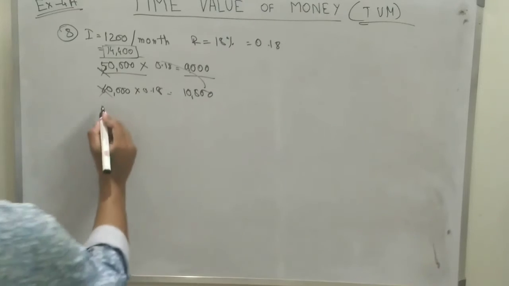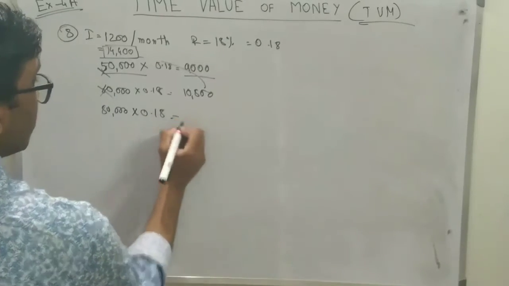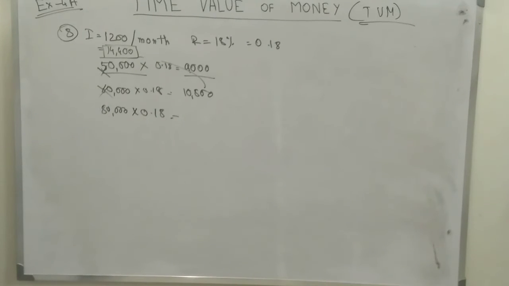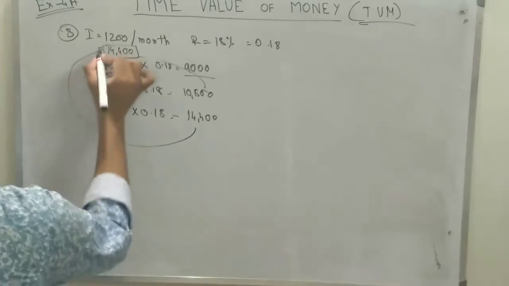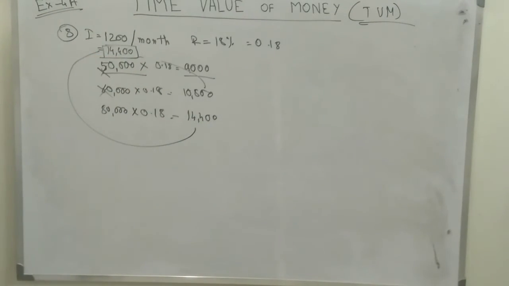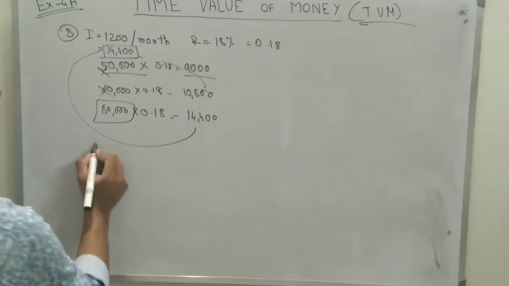If we take 80,000, that means 80,000 into 0.18, which is 14,400. It's totally matching with the question given. That means 80,000 will be the correct option, which is C.